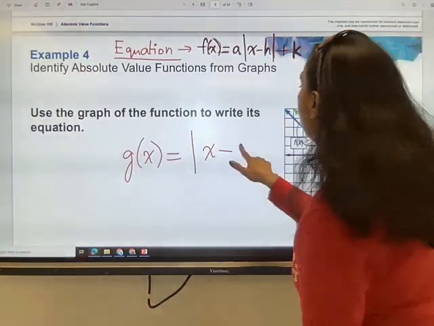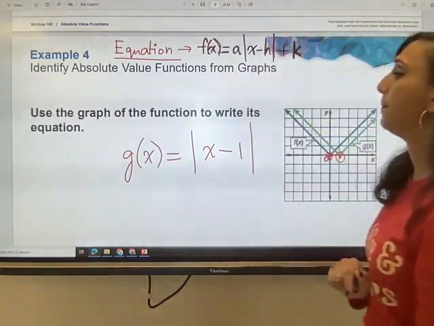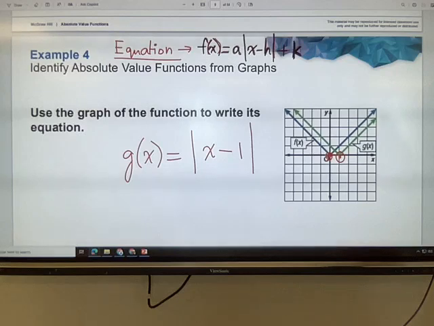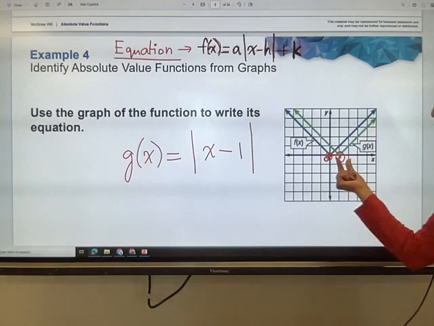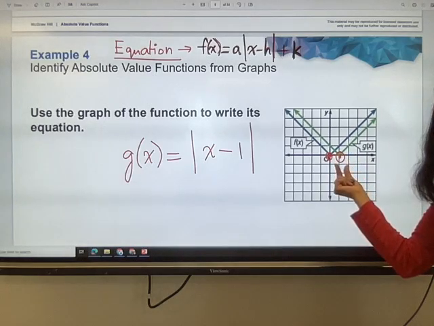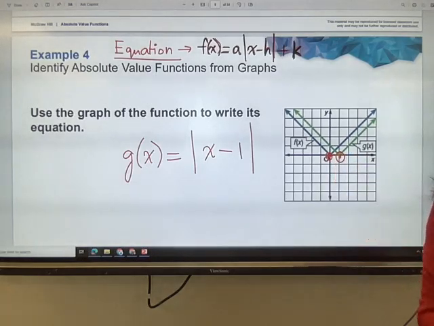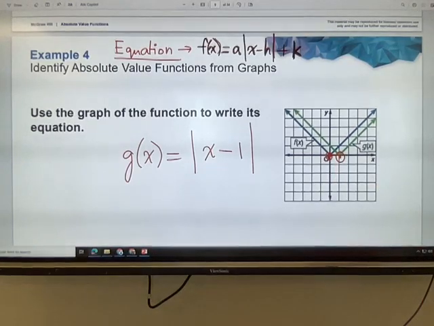It has moved 1. And so my equation for this function is going to be g of x is equal to absolute value of x minus 1, because the vertex is 1 unit to the right of the origin. And that's how I write my equation.